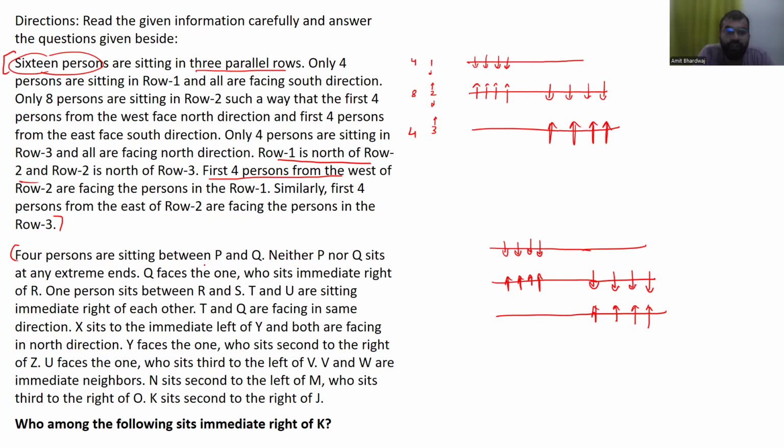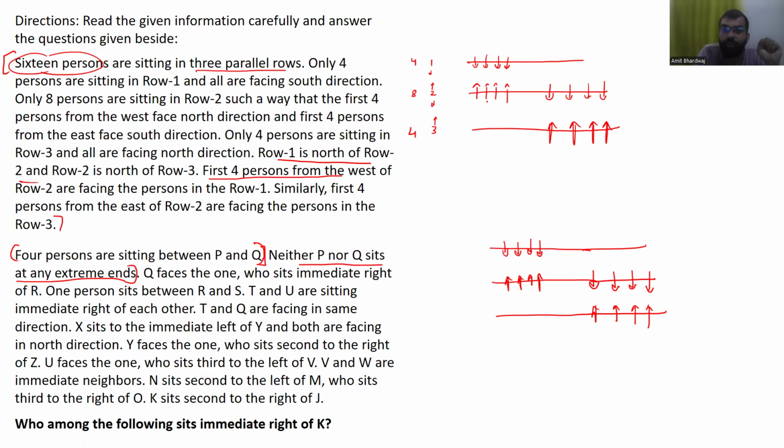4 are sitting between P and Q. Now the point is that the 4 sitting between P and Q definitely are sitting in row 2. Why? Because 8 are in this row, it means we are looking here. And it is given that neither P nor Q sits at any of the extreme ends. So what is the point? P and Q cannot come here.